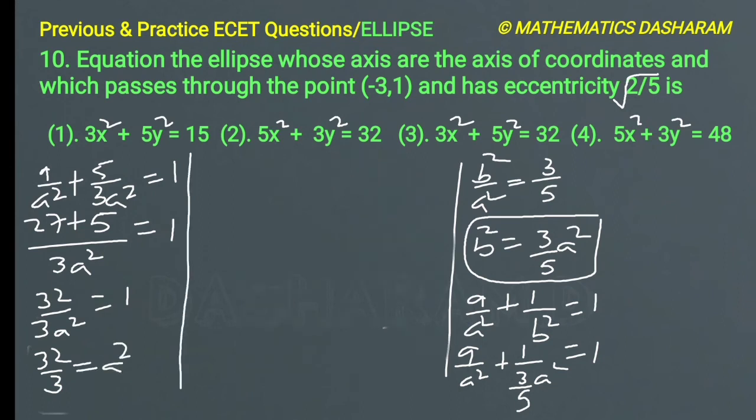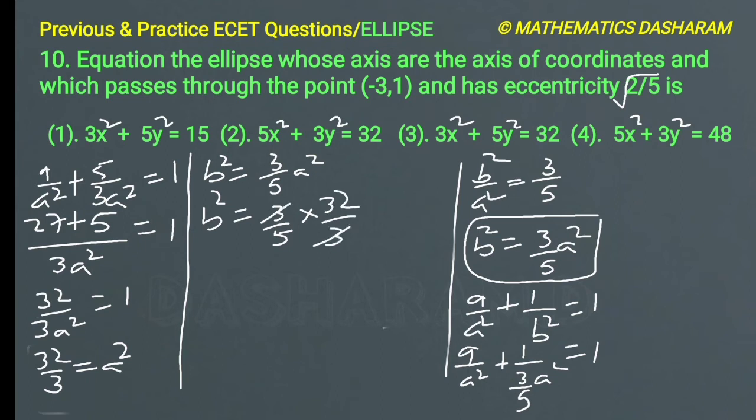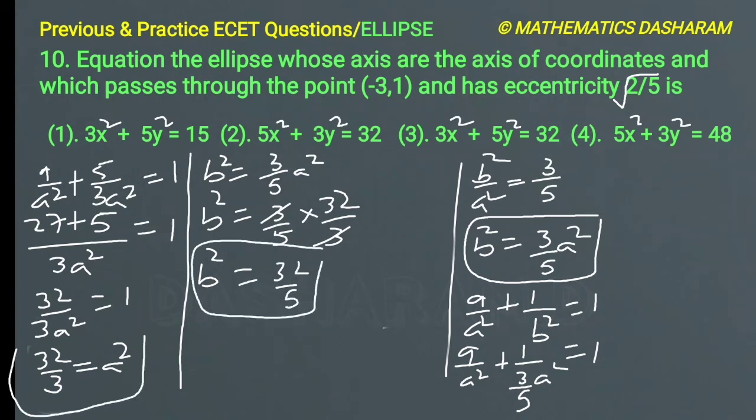But b square equals to, what is the value? 3 by 5 a square. Then b square equals to 3 by 5 into a square value, how much? 32 divided by 3. Here 3 cancel. b square equals to 32 by 5. So here is the a square value and here is the b square value.